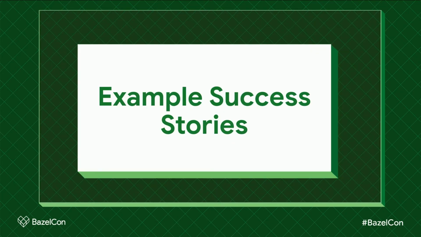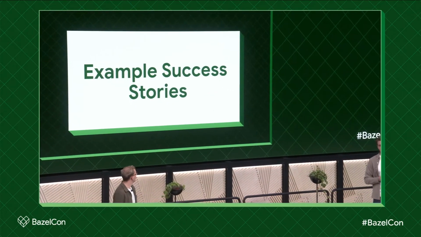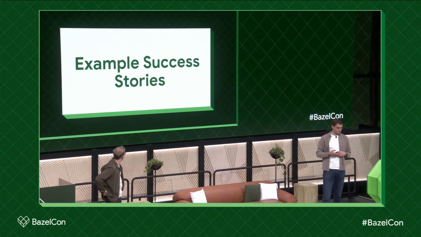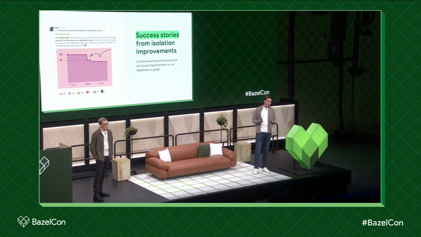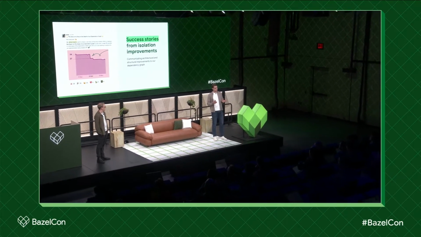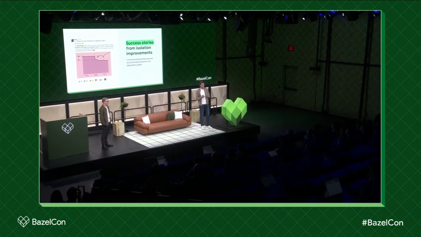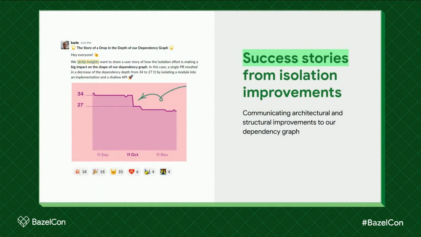That was it for the demo, and now I'd like to move on and highlight some of the success stories we've had in using these metrics internally over the last year. One of the key opportunities in having metrics and a dashboard set up like this is the ability to communicate and celebrate around the architectural and structural improvements work we are doing throughout the graph.